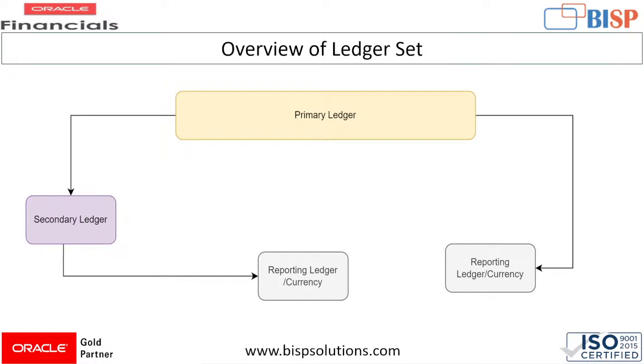So these are the certain things for which you require the secondary ledger. For example, your primary ledger uses US GAAP principles, and you maintain the secondary ledger in International Financial Reporting Standard, that is IFRS, right? So if you require that accounting, you can use the secondary ledger for that purpose.